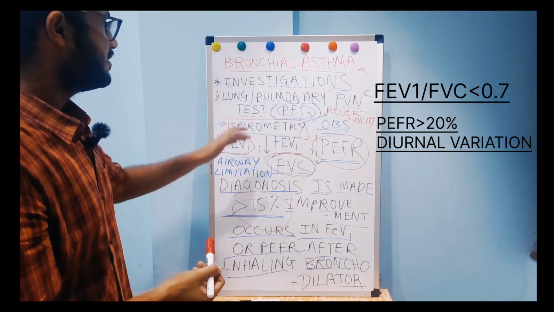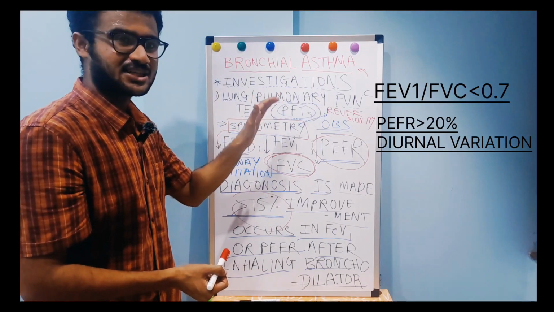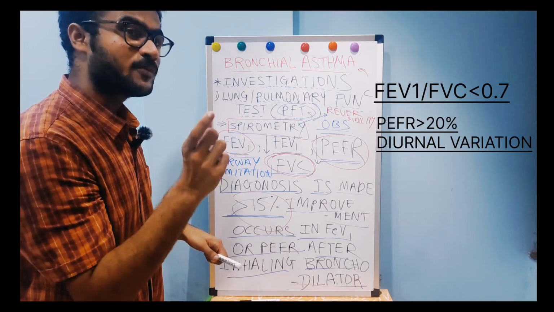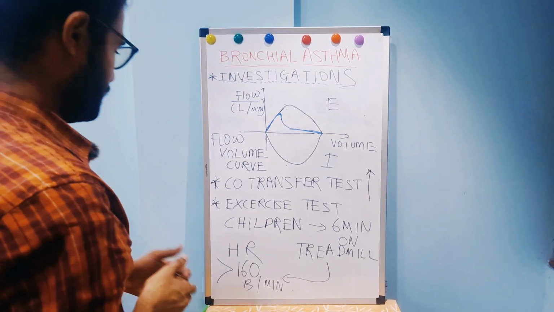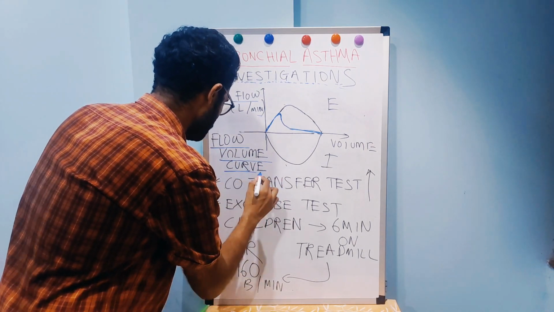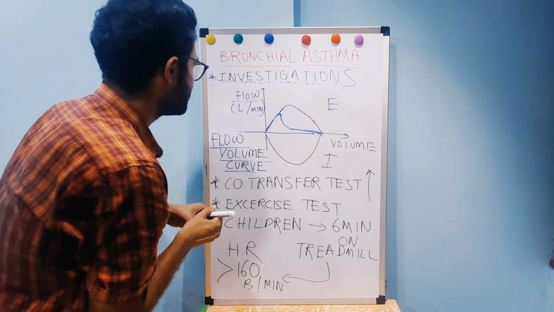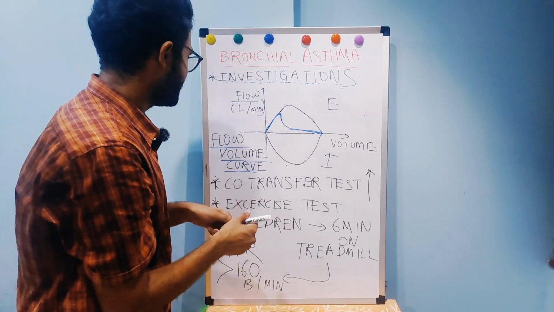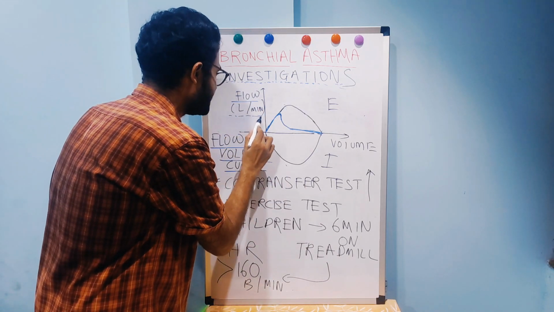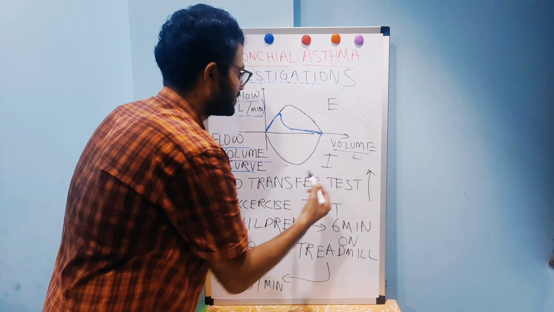So basically ये है lung function test का part, pulmonary function test का part, और अभी मैं flow volume curve discuss करूँगा. You can see that this is the flow volume curve. On the y-axis we have the flow of air, that is liters per minute, and on the x-axis there is volume, which is in liters.